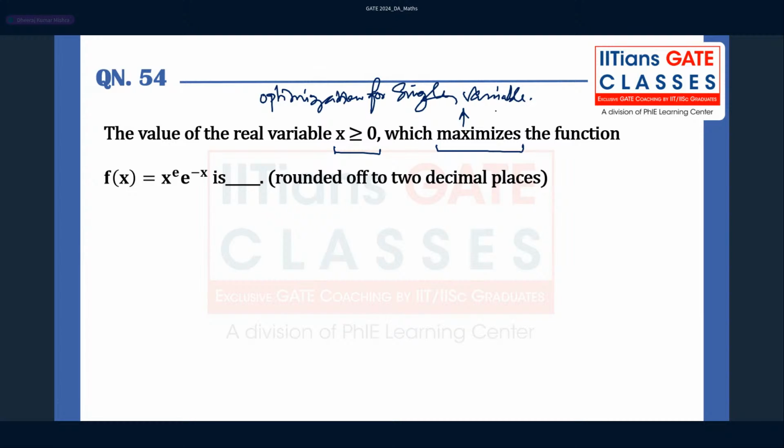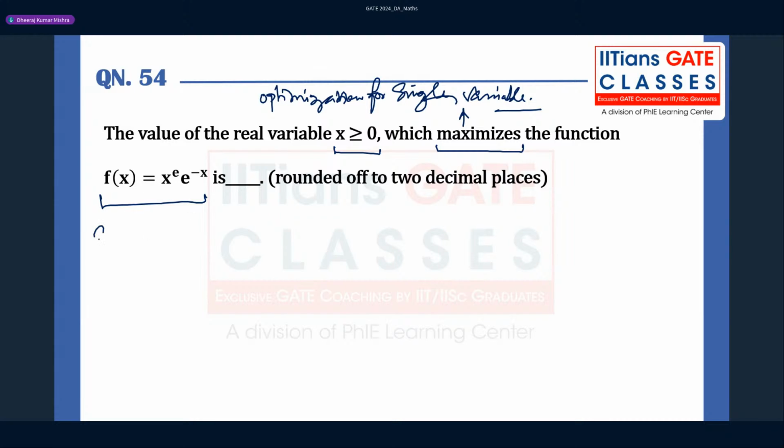So the value of real variable x greater than 0 which maximizes the function f of x. See what topics they are going to touch in the sample paper: maxima, minima, optimization problems, and limits.